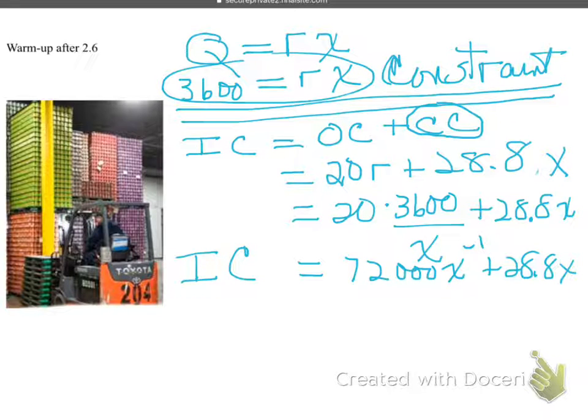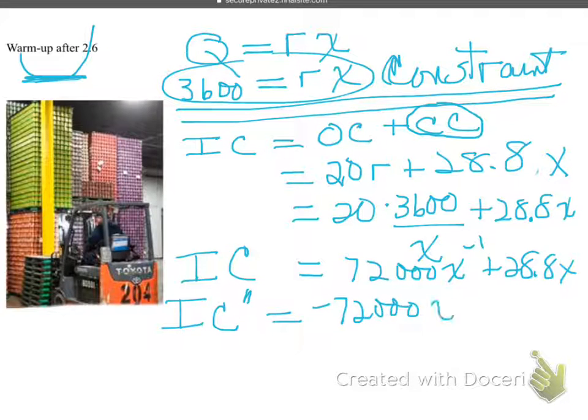So if it's low, it's going to look like this. I want to know where that slope is 0, so find the slope. IC prime equals, taking the first derivative, negative 72,000 times x to the negative 2, plus 28.8. Okay, the x drops out.